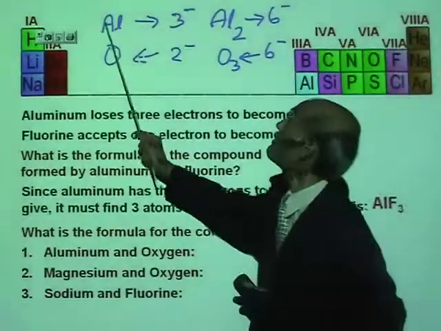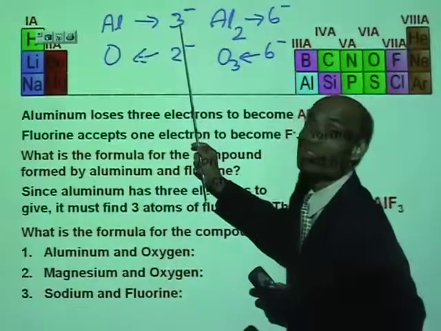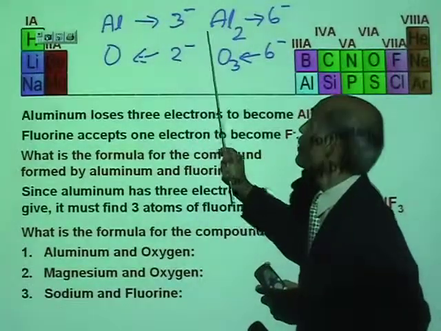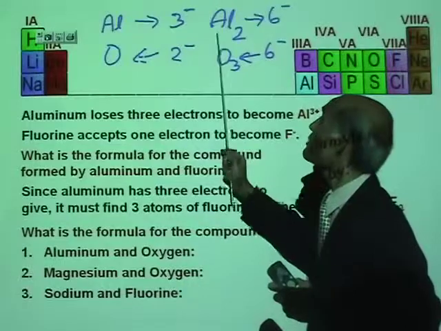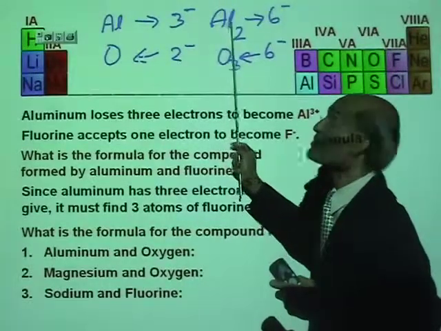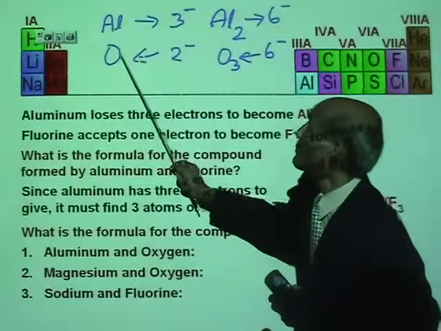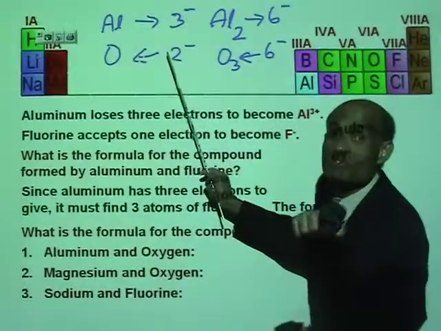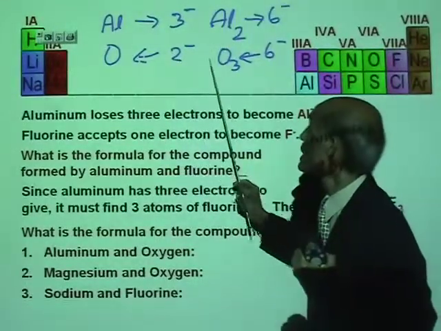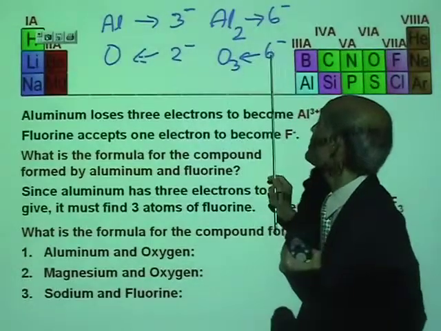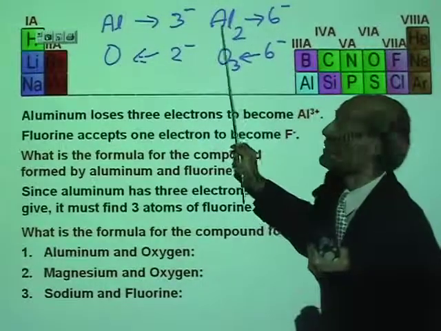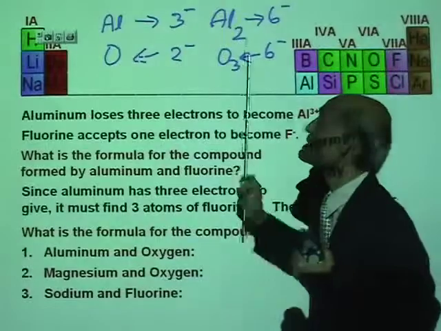So each aluminum has 3 electrons to give. And so if you take 2 aluminum atoms, they together have 6 electrons to give. And 1 oxygen will receive 2 electrons. 3 oxygens together will receive 6 electrons. And this is a perfect arrangement.